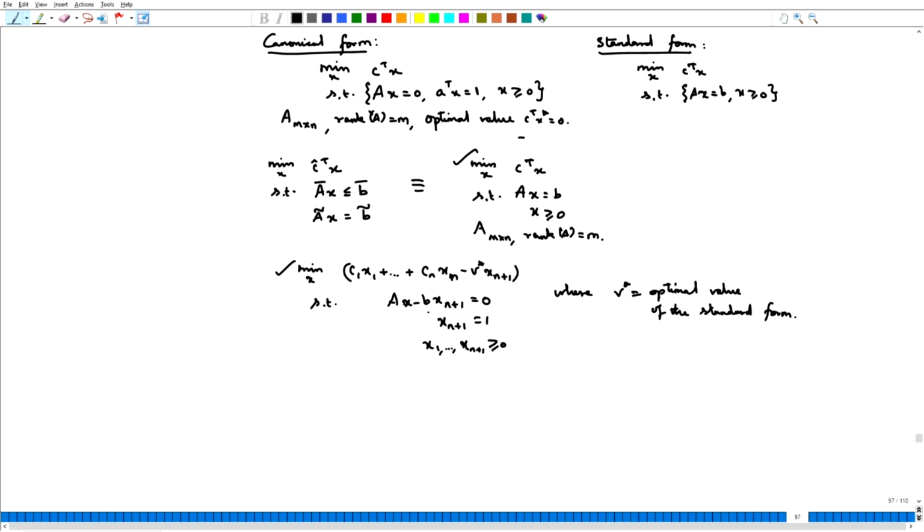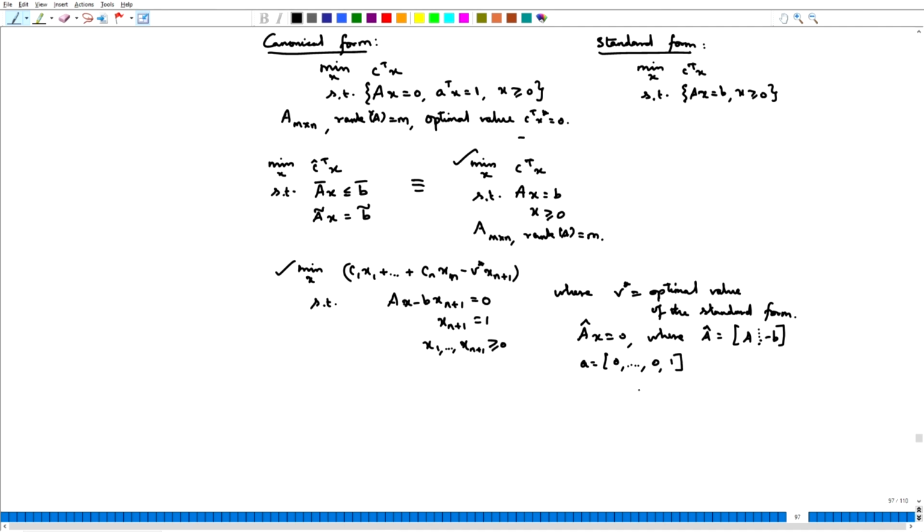The new matrix can be written as A hat x equal to 0, where A hat is A augmented with minus b. You also have a transpose x equal to 1, where a is 0 0 0 0, n times, and a 1.